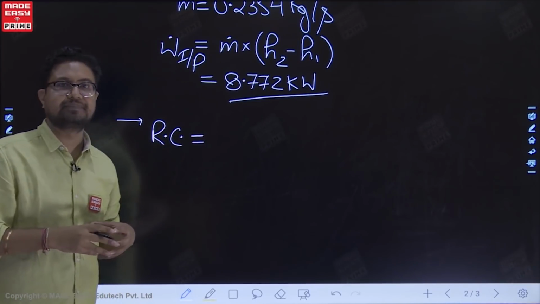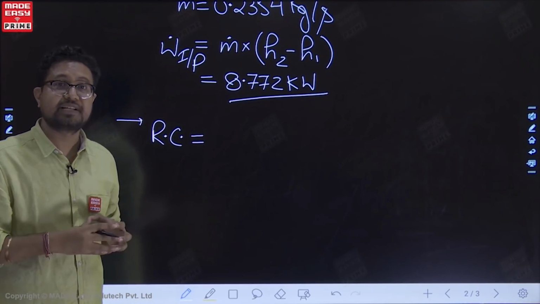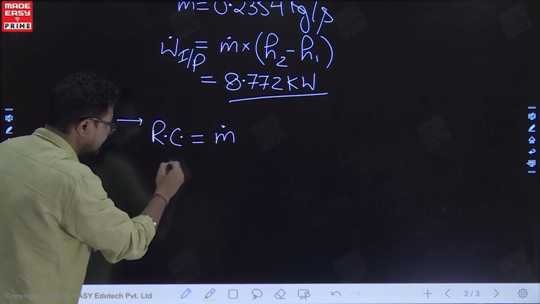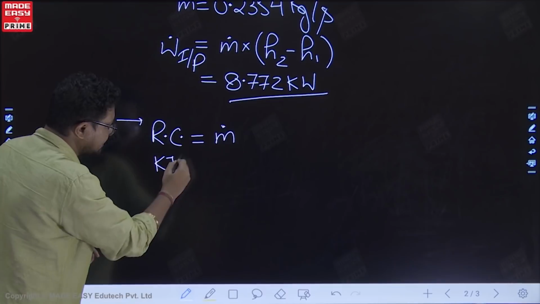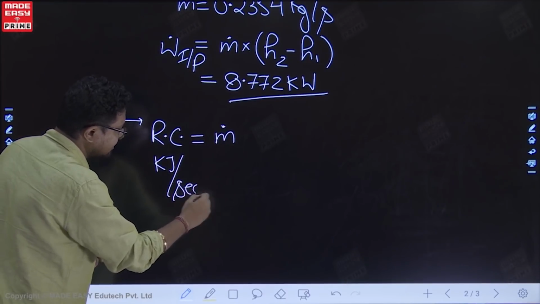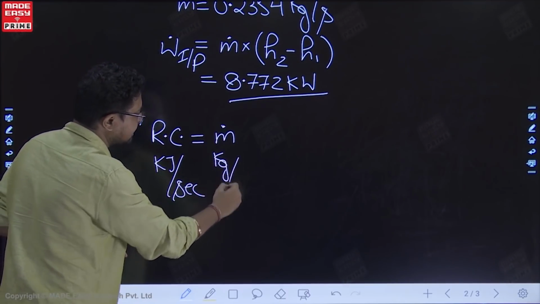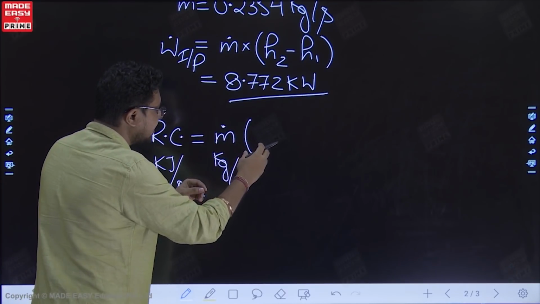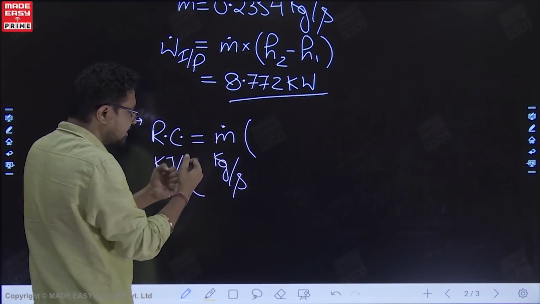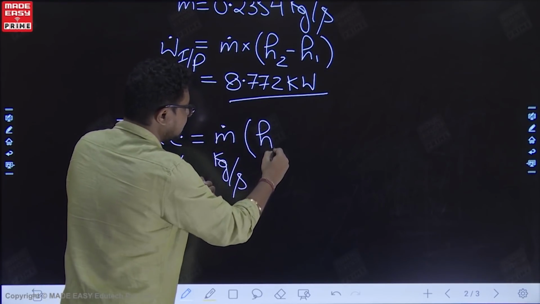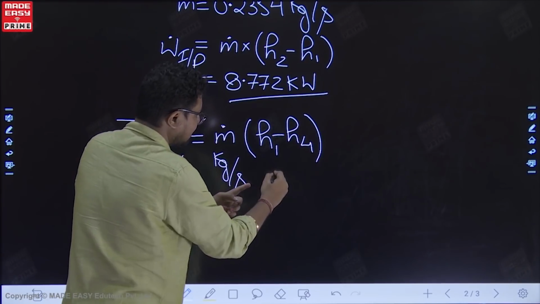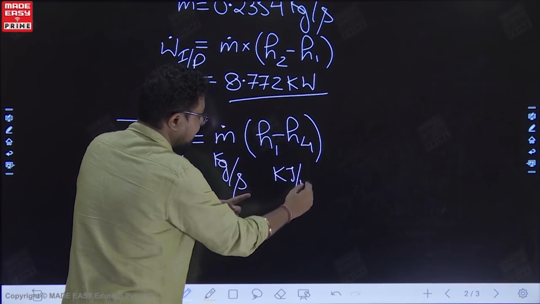Refrigeration capacity: how to find it? Refrigeration capacity is in kilojoule per second. It is the mass flow rate in kilogram per second into how much heat can be absorbed per kilogram of the refrigerant. So this is H1 minus H4, in kilojoule per kilogram.